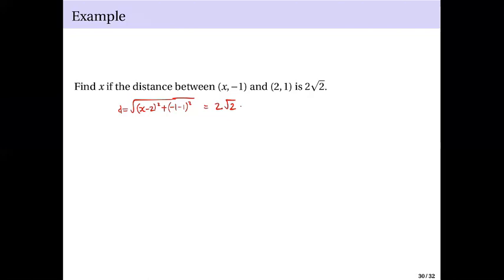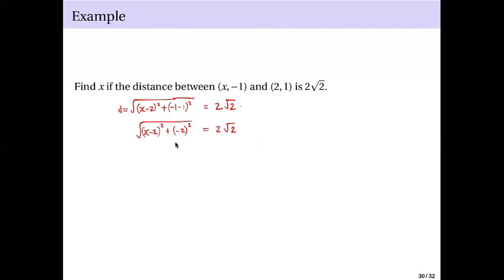Okay? So on this side, we retain x minus 2. Again, do not expand. There is no need to expand that. And then in here, you have negative 1 minus 1, so let's just write it minus 2 quantity squared. You get the square root of this, and you have 2 square root of 2.